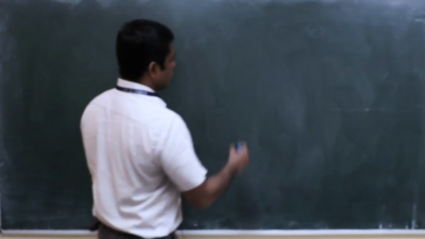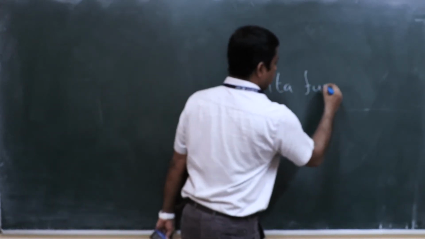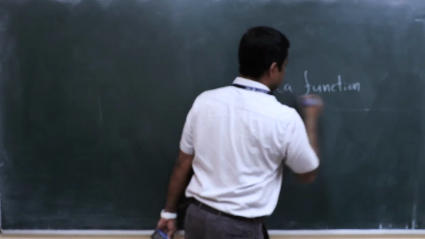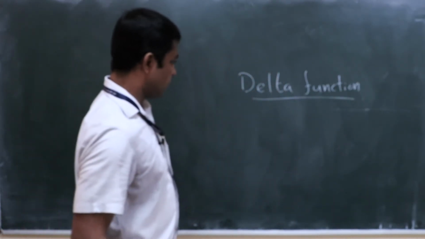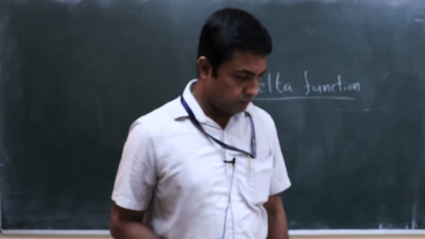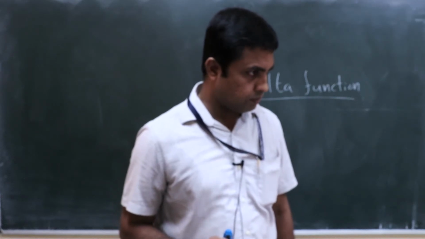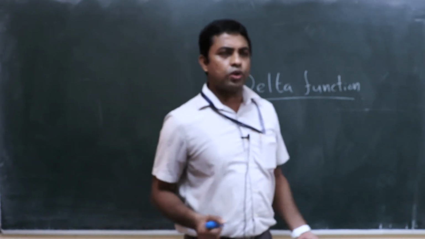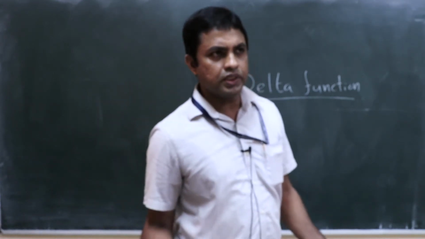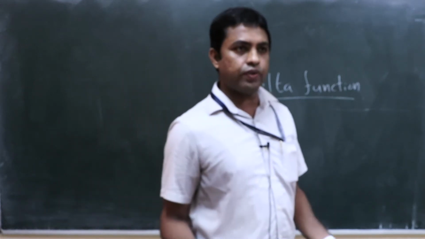So what are the properties of delta function? Did the theta and epsilon functions have any names other than these? Yeah, the epsilon is called a sine function or a signum function, and theta is called a Heaviside function.